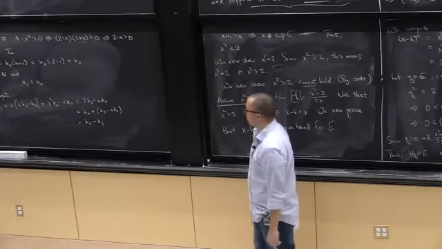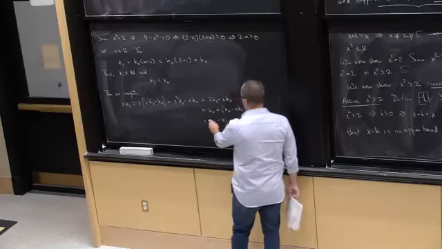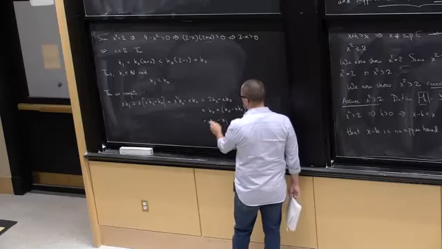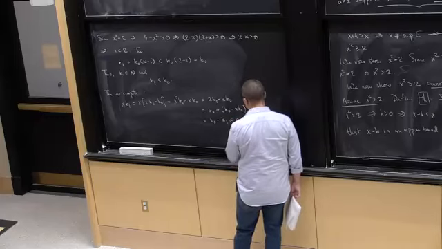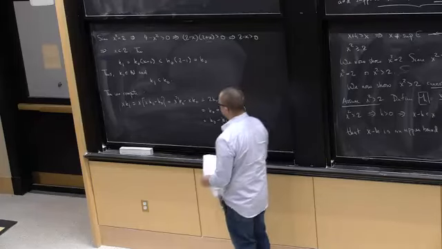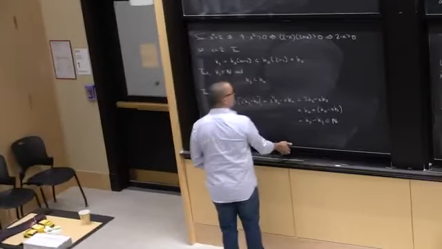Now, that's a natural number. This natural number is bigger than this natural number. Therefore, their difference is, again, a natural number. So this says that x times K1 is a natural number.